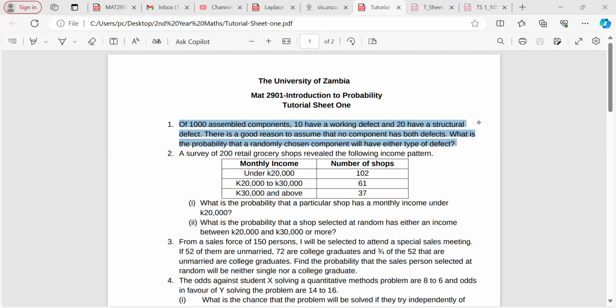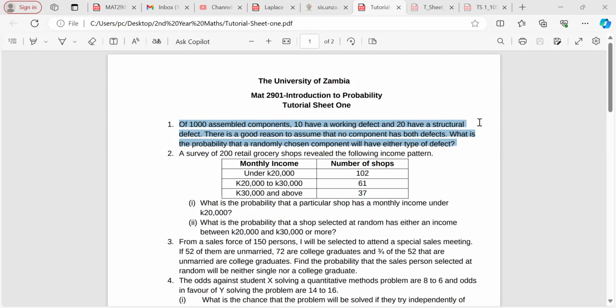So looking for the probability that if you randomly pick a component, it will have either a working defect or a structural defect.